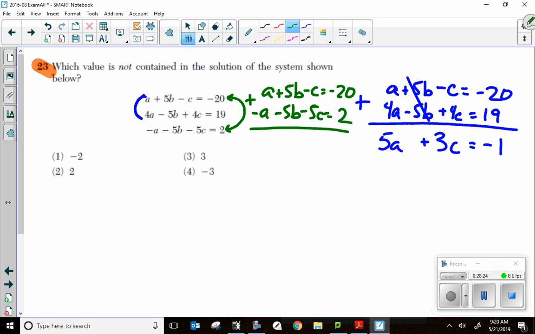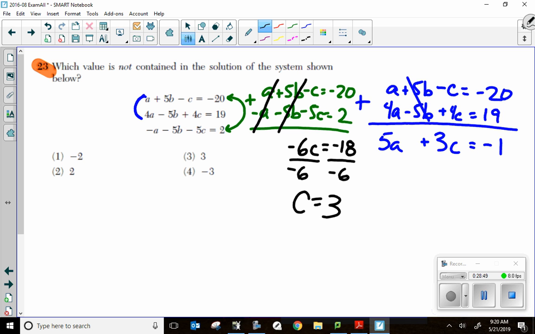Oh, glory, look what happens. Not only does my 5b cancel, my positive a and negative a cancel. -5c and -1c is -6c equals -20 and 2 is -18. I can solve for c right here. Look at that. If I divide both by -6, I know that c equals 3.